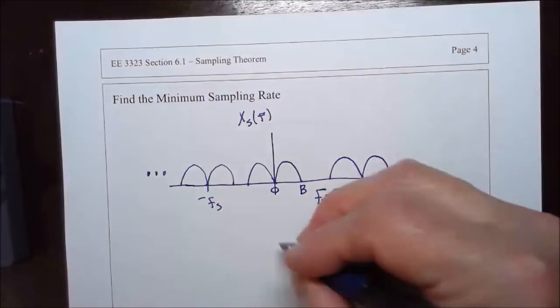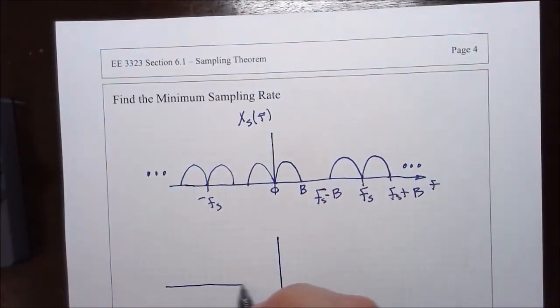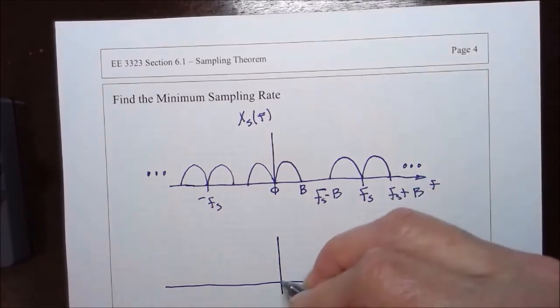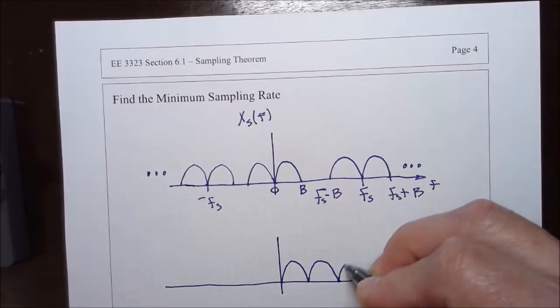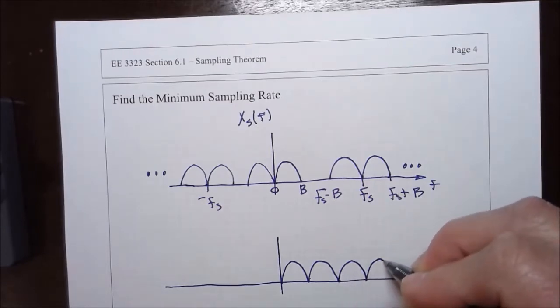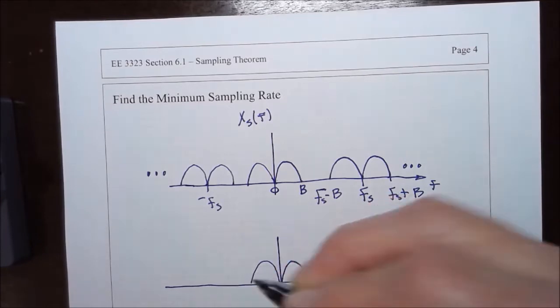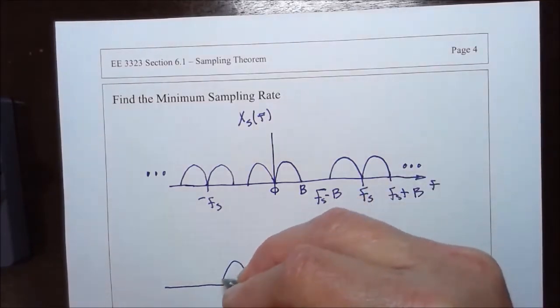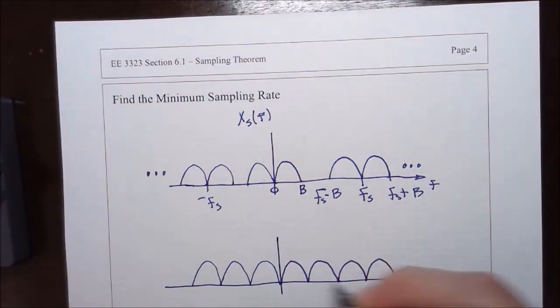That would give us the minimum, so that if we are operating with the minimum sampling frequency, this would be fs.